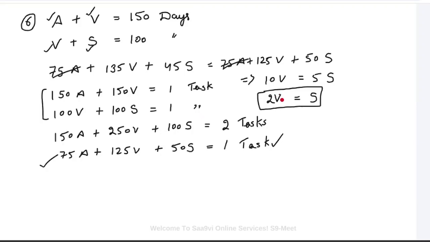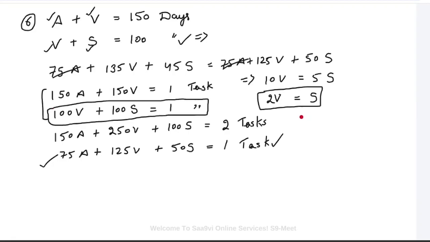And now this equation, if we put in V plus S equal to 100, we can say this equation where we have V and S both. So this means 100V plus 100S will be equal to 200V, because 1S equals 2V. That is equal to one task. That means one task is equal to 300V units.